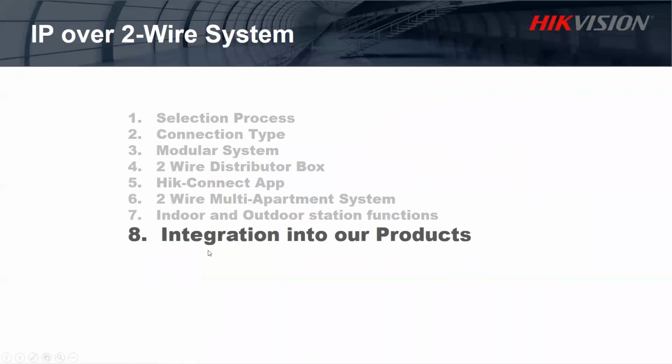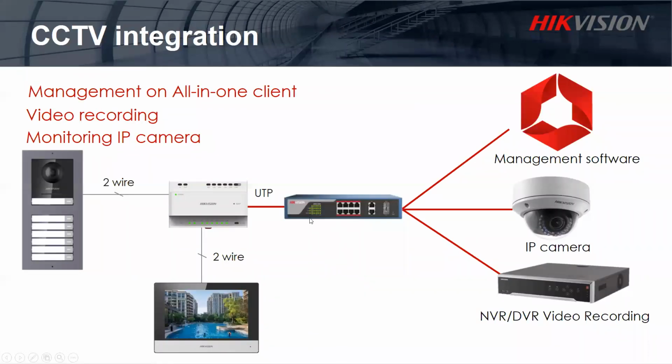All right, let's have a quick look at the integration into our products. As we mentioned, we have the CCTV integration with all our Hikvision cameras. If you're going to use the 2-wire, you're going to connect everything to the 2-wire distributor box. From the distributor box, you're going to connect it to a normal switch. Sorry, a normal switch.